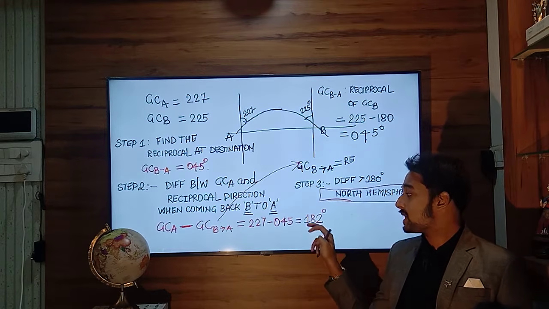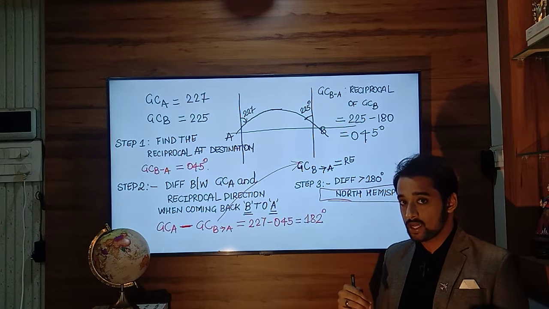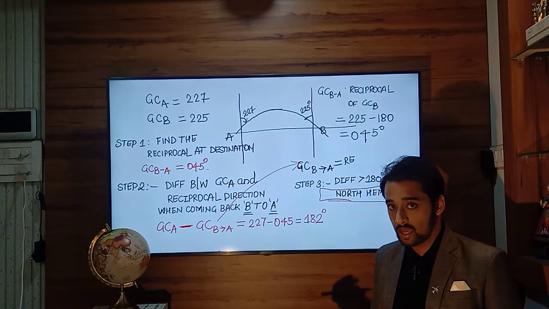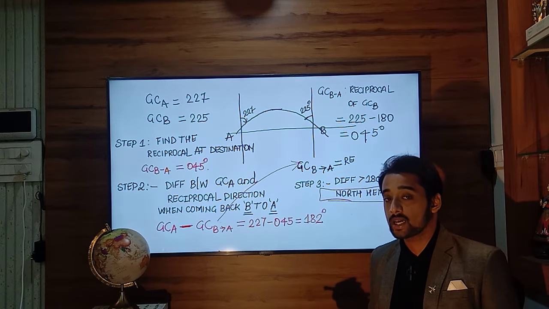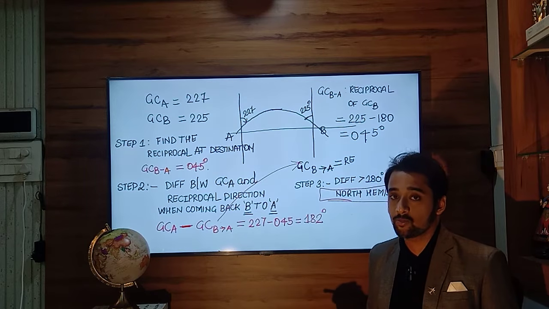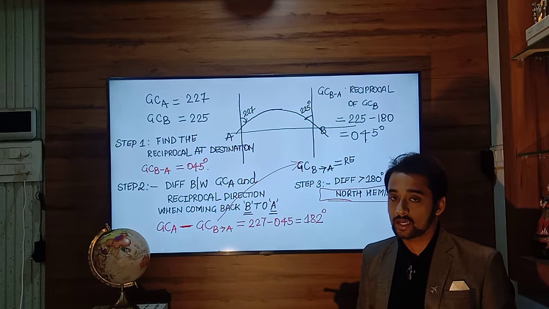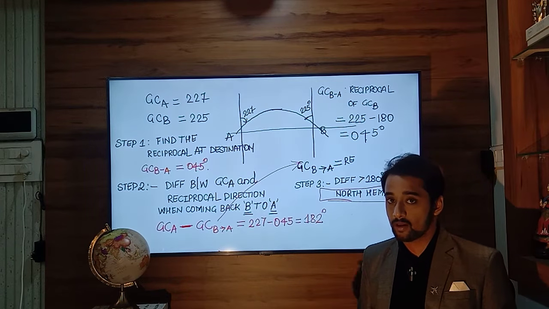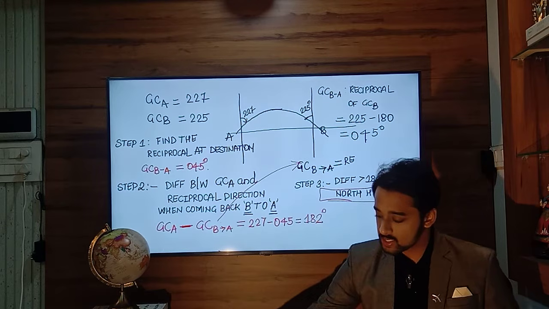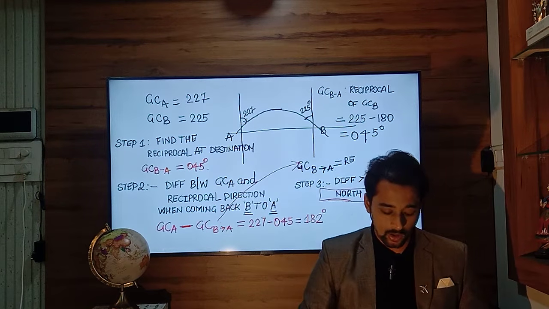If the difference is less than 180, any value less than 180, it will be the southern hemisphere. And if the value is equal to 180, both points are at the equator, neither northern nor southern hemisphere. So this is the answer to question number 4.